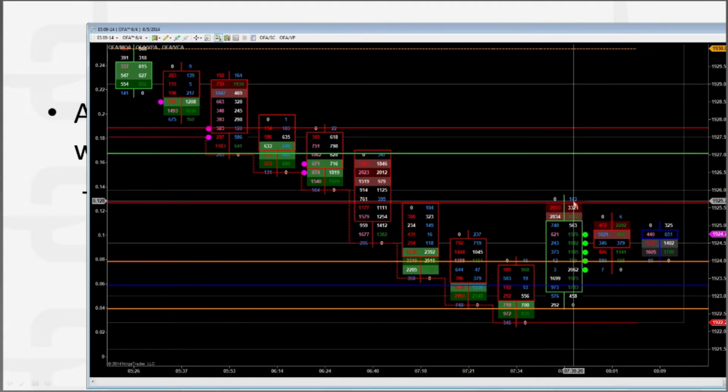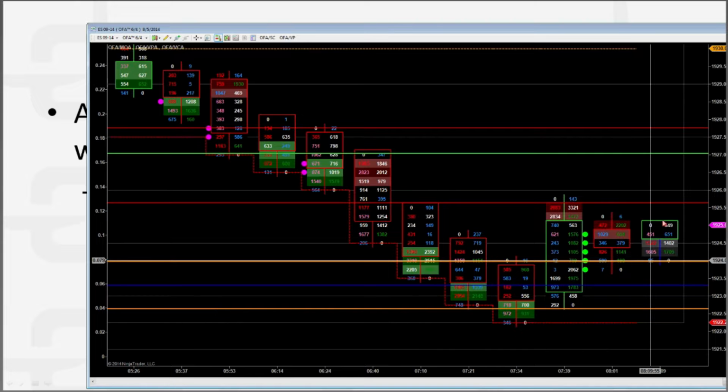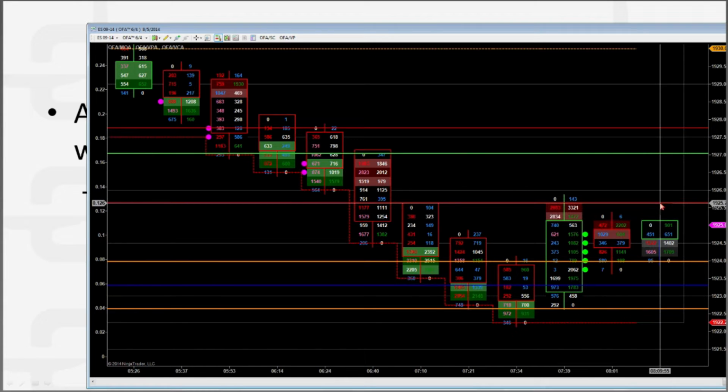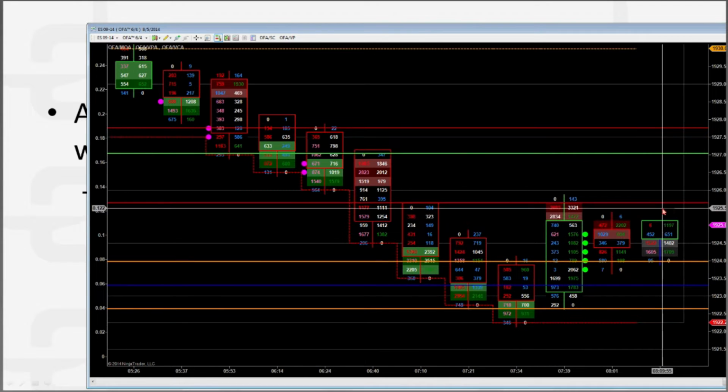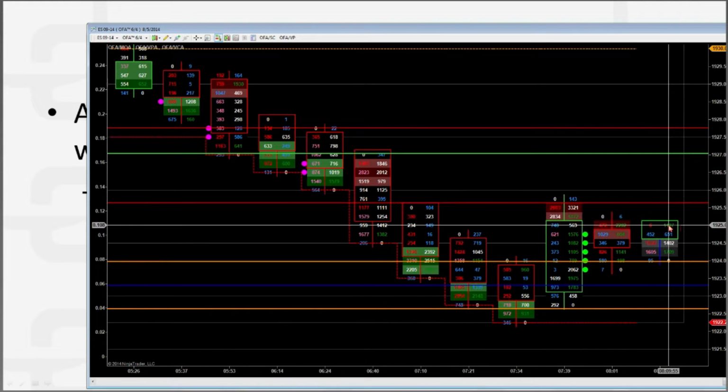So this is an area that I would look for the sellers to start stepping back in, and they have. And what I can see now is there's not really much conviction on the part of the sellers yet. And so I would start shoring up this trade and making sure that I did not lose on this trade. I can see strength coming back into the offer here.